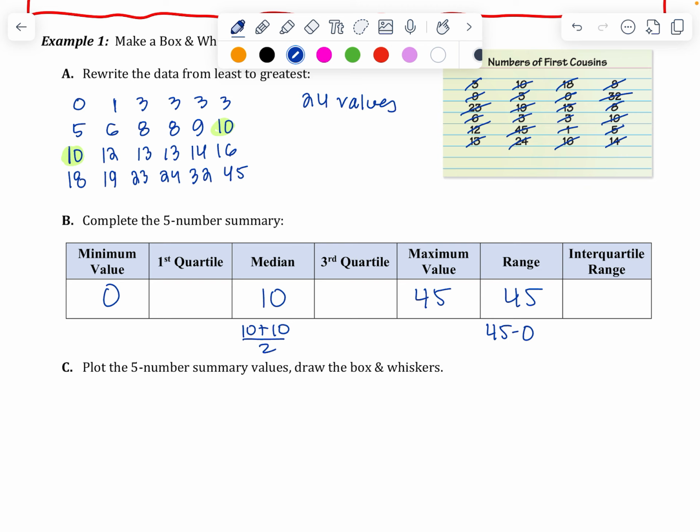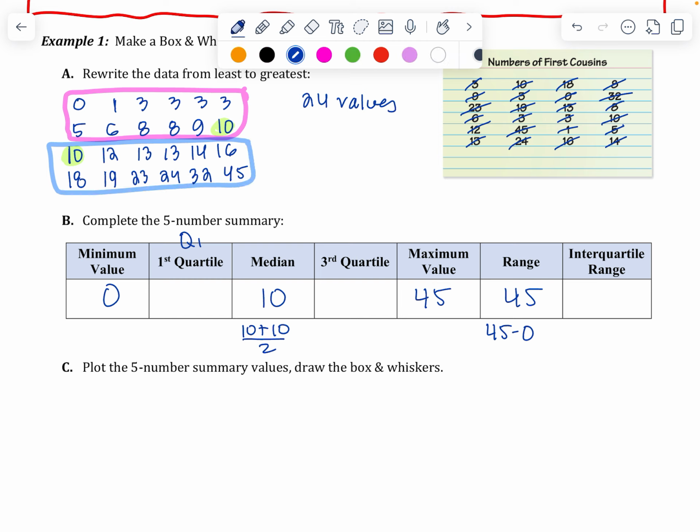All right, now I'm going to find Q1, the first quartile. So Q1 is in the middle of the first half of data. So what you're going to do is you split your data into 2, okay? So here's my first half of my data. Here's my second half of my data.